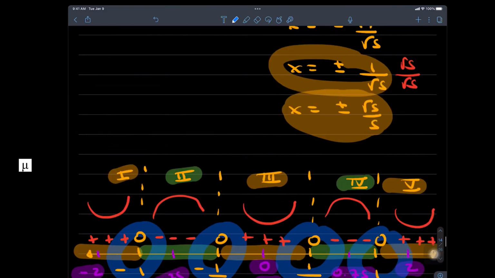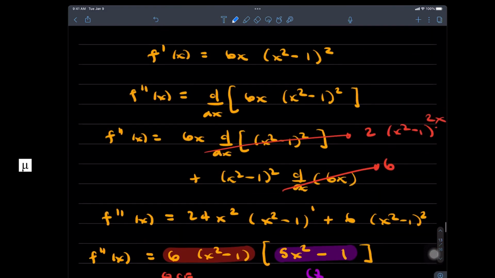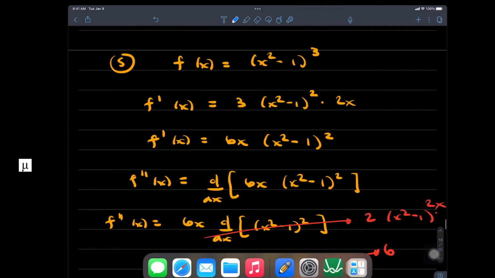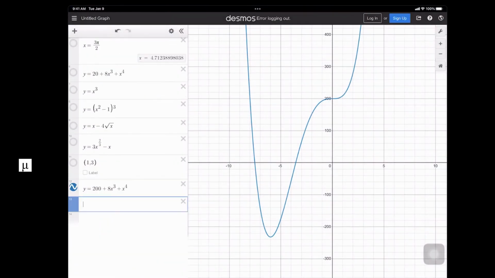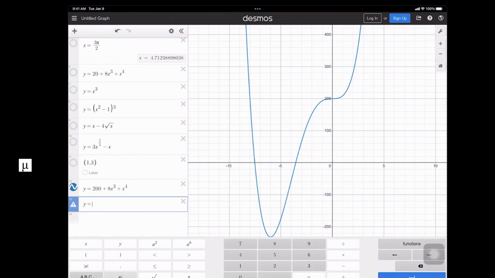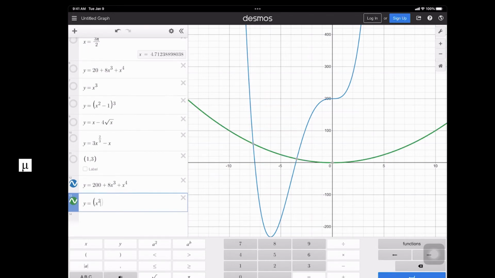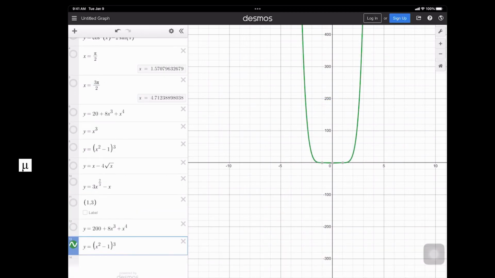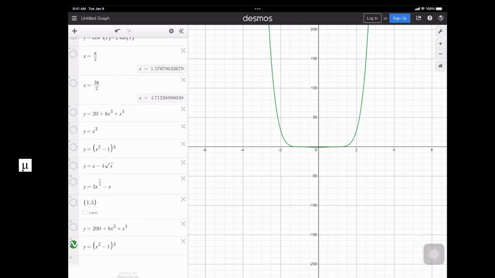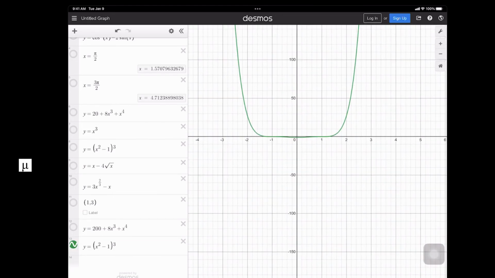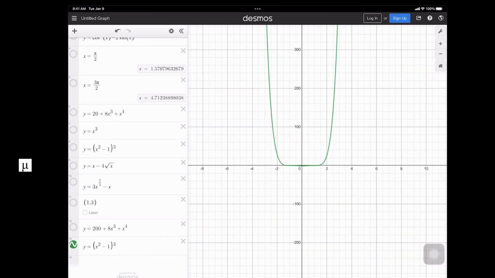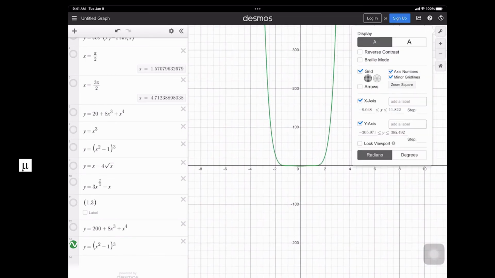So let's look at what this curve looks like: x squared minus 1 cubed. So I'm going to look at this one here. Okay, and based on what we did here, I think I have to adjust the y-axis.